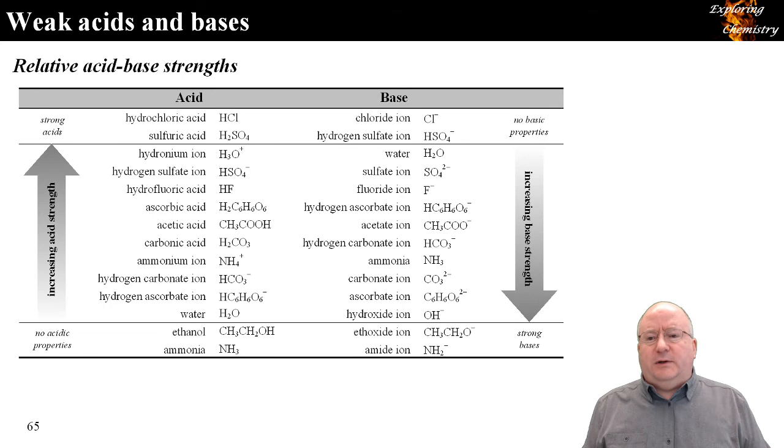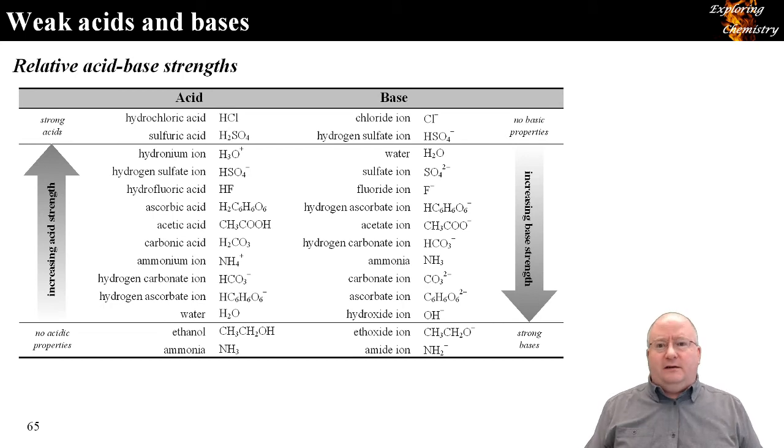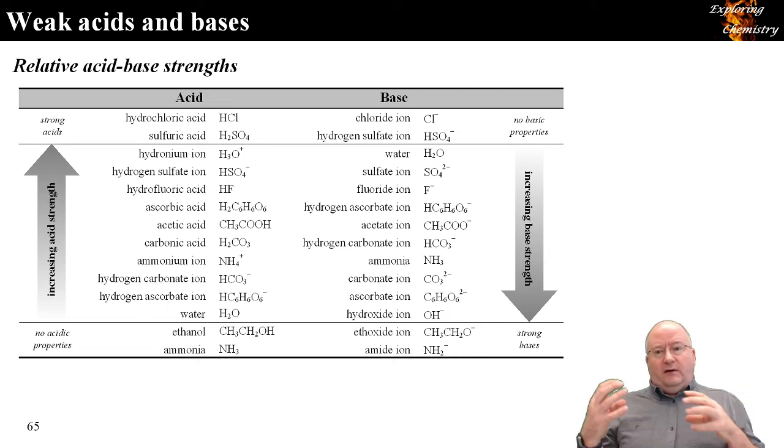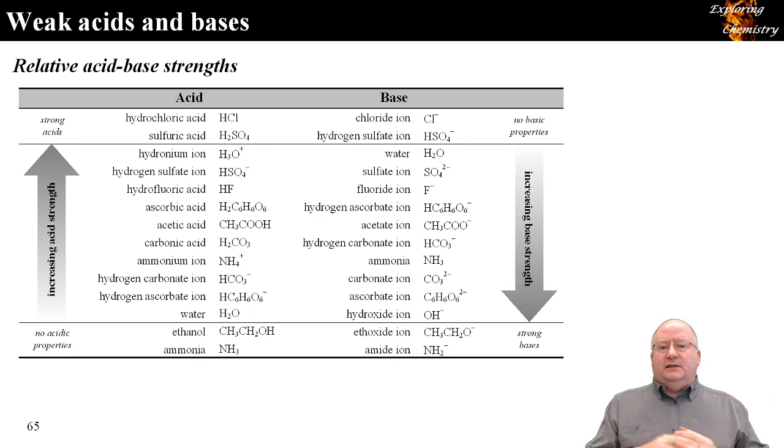And this leads us into a discussion on relative acid-base strengths. I commented before that at the very beginning we talked about the conjugates. At the top we have strong acids. Hydrochloric acid and H2SO4 are strong acids. The conjugate of a strong acid has no basic properties, so the chloride ion has no basic properties, and neither does the hydrogen sulfate ion.